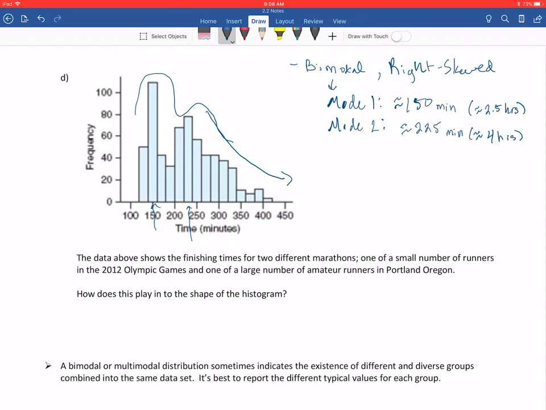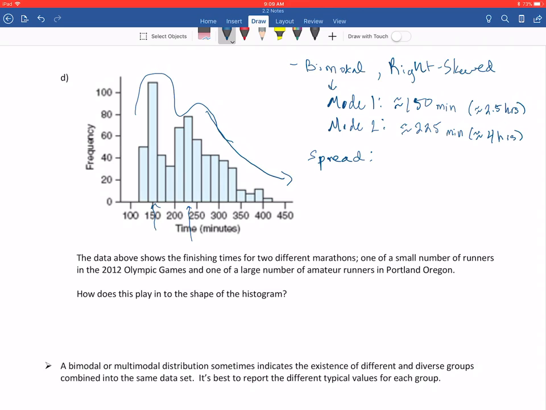So we've talked about the shape, we've talked about the typical values, the spread. I need to bring some context into this because, again, I've got numbers from a little over 100 to a little over 400, which may not seem super far apart in general, but if I read below what this is talking about, it's finishing times for marathons.